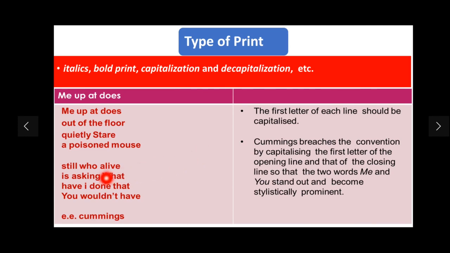Now, where it was not supposed to be capitalized, the poet capitalized it. Where the I should be capitalized, the poet does not capitalize the letter I, because I refers to the mouse. And it is because you are asking such a question, that you haven't done something. So that is for the sake of emphasis.